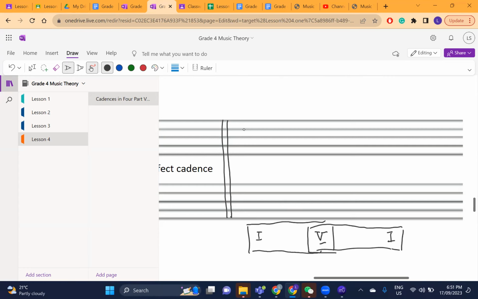If we were to write just this normally, I'm skipping the working out because I want to actually show you guys the fun bit. You end up with something like this. So look at this, right? Imperfect cadence, 1 to 5.